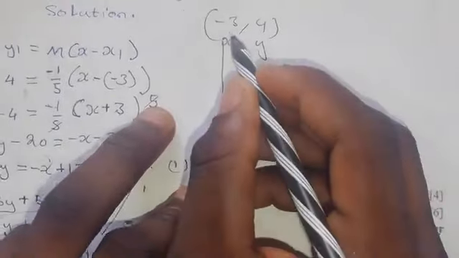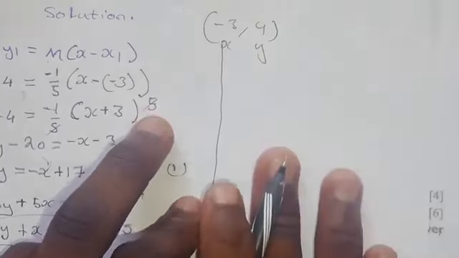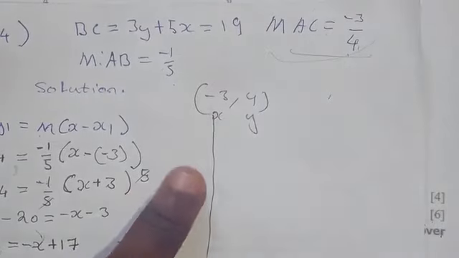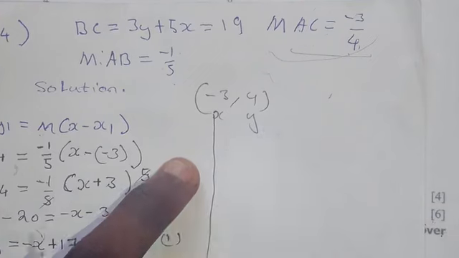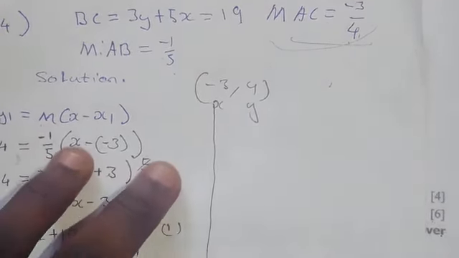So I have the point negative 3, 4. We also have the gradient of AC, which is negative 3 over 4. This is the gradient of AC according to the question, and this is the coordinate of A. Okay, so let's now proceed.